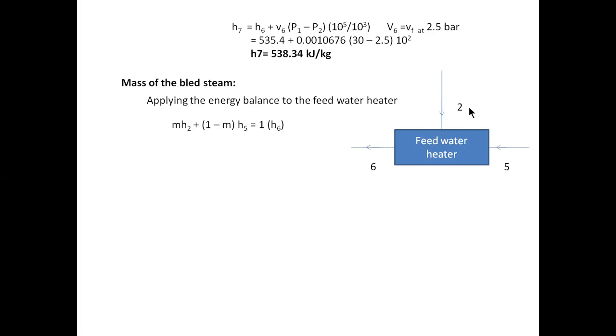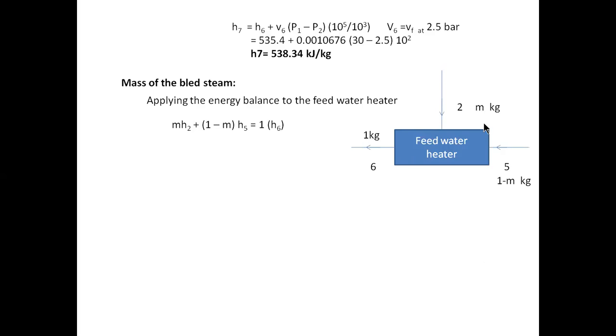At state 2, m kg is coming as mass from the turbine. At state 5, 1 minus m kg is coming from the condenser. The outlet has 1 kg at state 6, because this m kg combines with 1 minus m kg, so that the outlet is 1 kg.